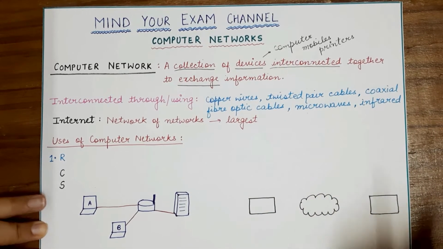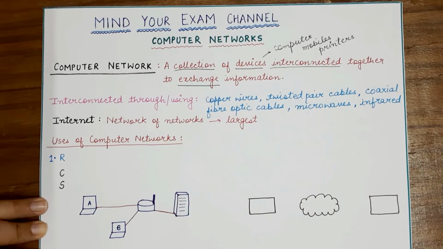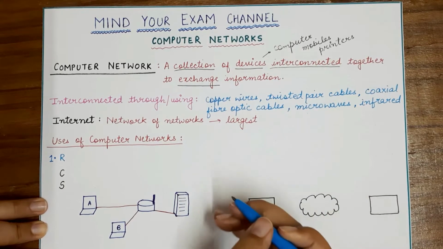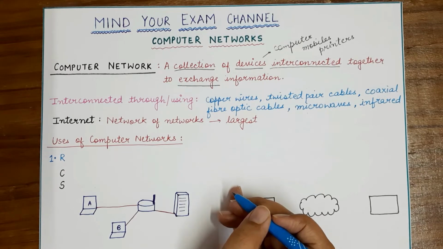Now when we study computer networks, you must know what is the use of studying them, or why we form computer networks, or why they are becoming so popular and so useful in our daily lives. You must remember for your exam purposes also that there are certain important uses of computer networks.